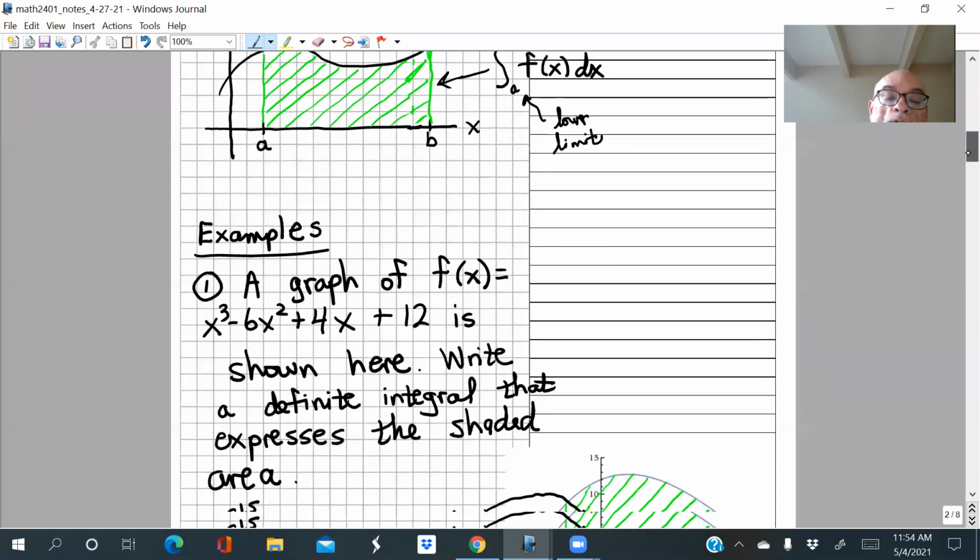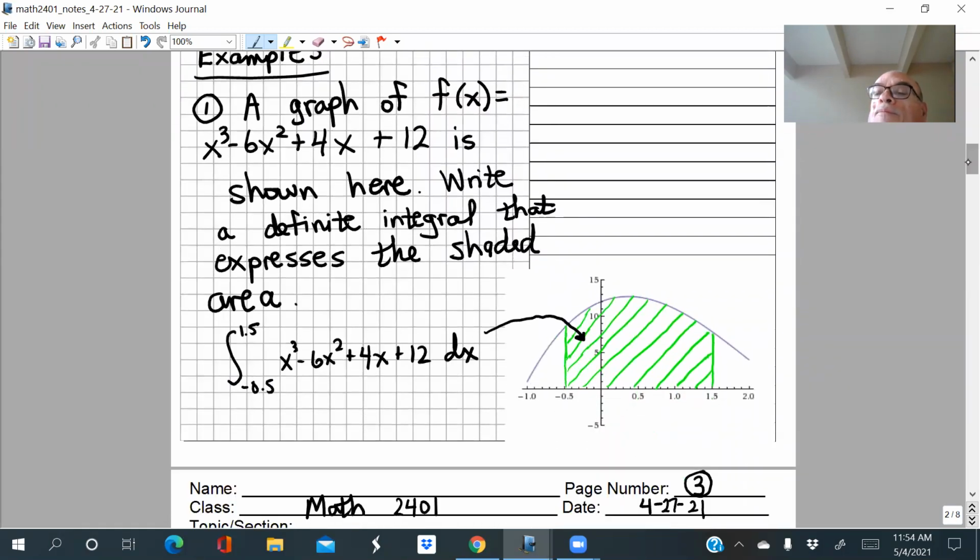All right, so let's take a look at a very simple example. We're not actually going to try to calculate any areas yet because we don't know how to do that yet. But suppose we were given this graph, x cubed minus 6x squared plus 4x plus 12. That graph looks like this, this nice blue curve that you see here.